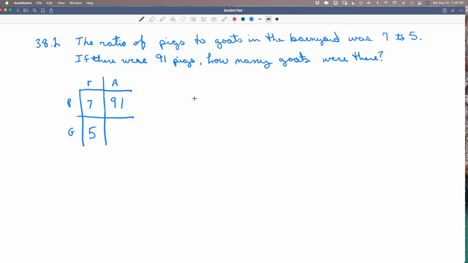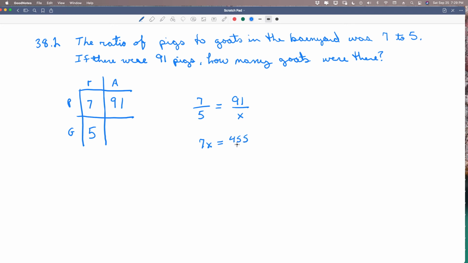So we just take these numbers and write them just like they are, equal to one another, 91 over x, because we don't know how many goats there were. x is our unknown value for goats, the actual number of goats. Now all we do is cross multiply. 7 times x is 7x, and 5 times 91 is 455.